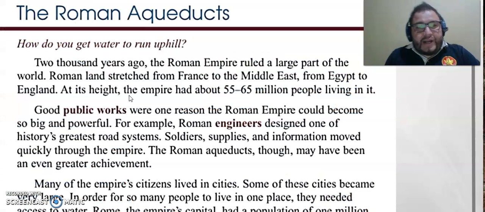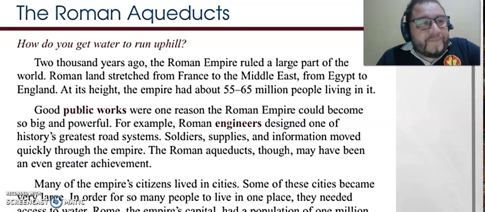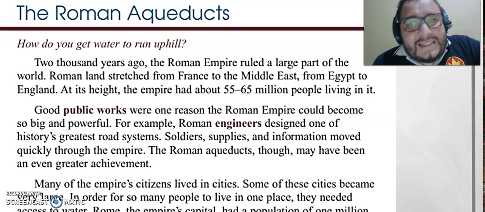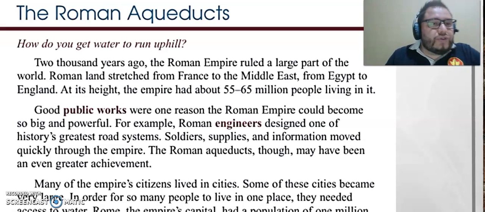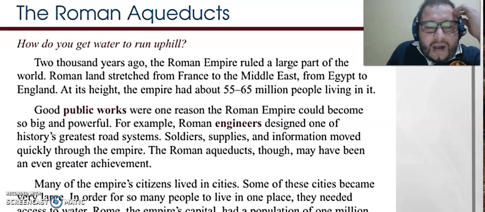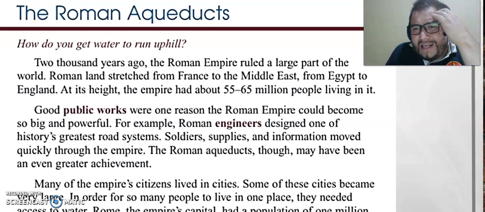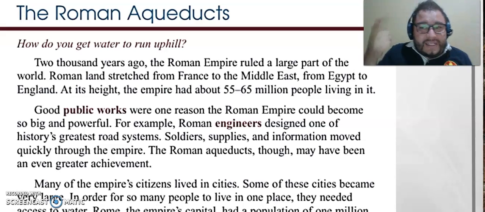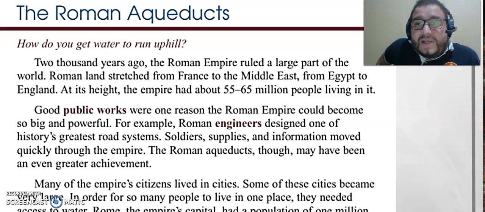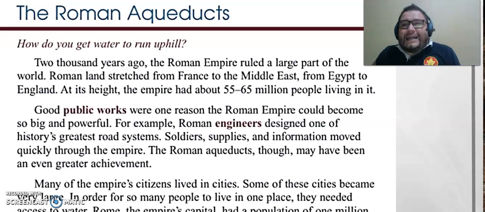For this reason we are looking at Roman aqueducts, and this is the question: how do you get water to run uphill? Uphill, sorry. How do you get water to run uphill? Super difficult to understand, but with the picture that I showed you, you can understand better using pipes and aqueduct canals.